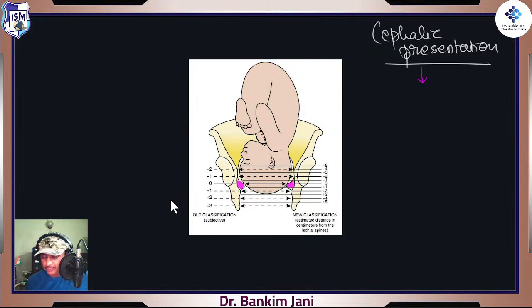Now you know what station 0 is, that interischial line. That has been reached. That means at this point on vaginal examination, you see that there is emergence of the widest part of the fetus. So this is the ischial spine plane.